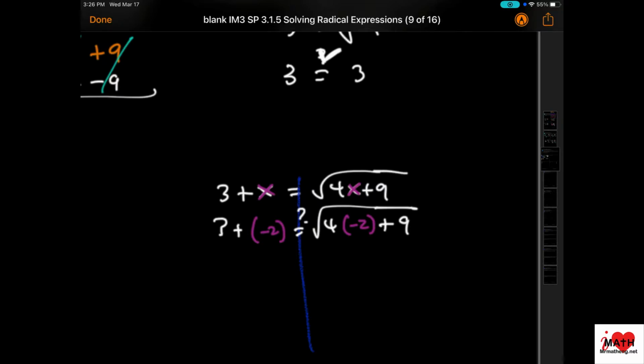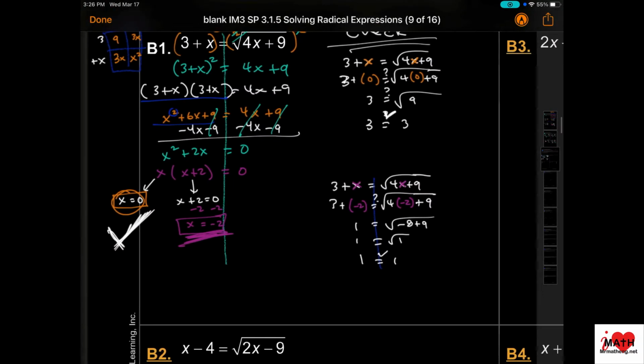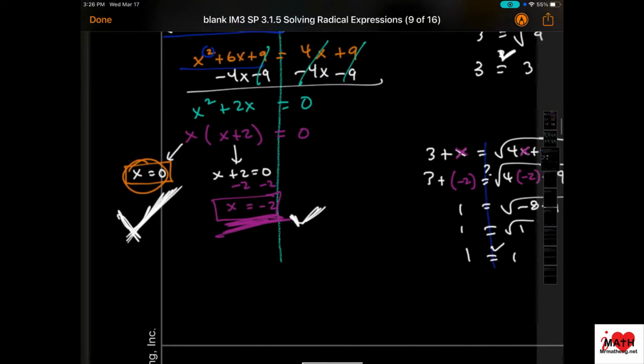So 3 plus a negative 2 gives me 1. Here I get negative 8 plus 9. And that equals positive 1, and the square root of 1 is 1. Are they equal? Yes, they are. So that means my two solutions for B1 are 0 and negative 2.